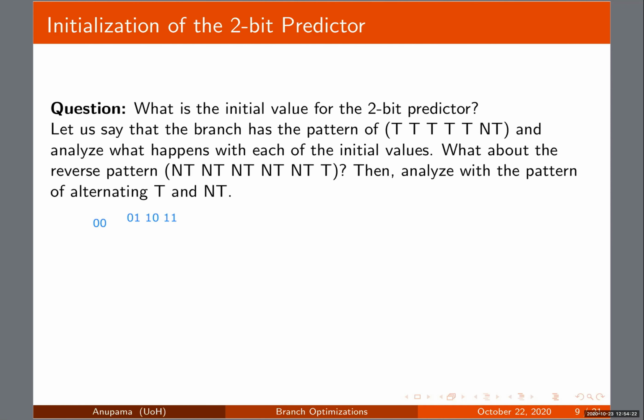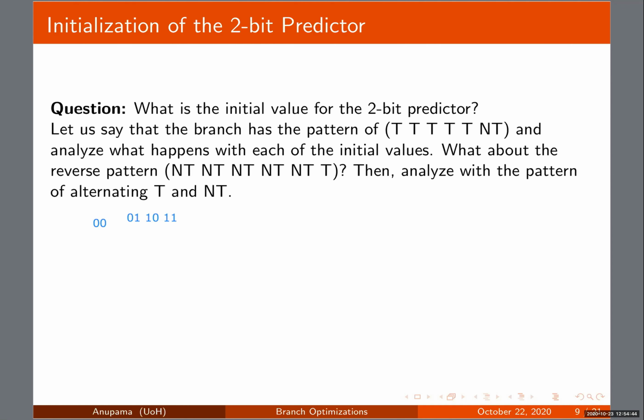But if you start with 1, 1, and this is the pattern, then you again have 3 mispredictions. So therefore, if you have 1, 1 as your prediction and you see TT, TT, TT, and then NT, then you get a very good thing, right?